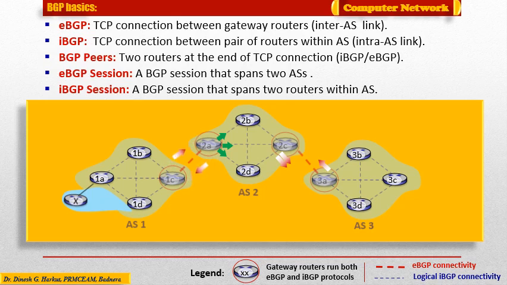Here, AS1 sends the list of prefixes to AS2 for this eBGP session that are reachable from AS1. Whatever prefix X is reachable through AS1, that information is shared with AS2 over the eBGP session.